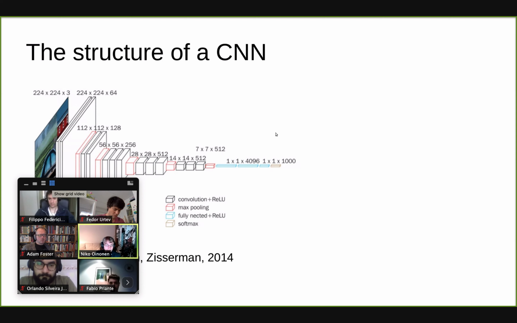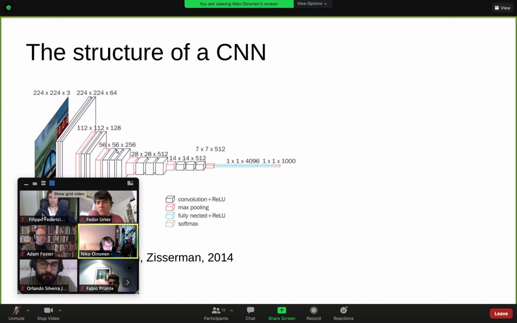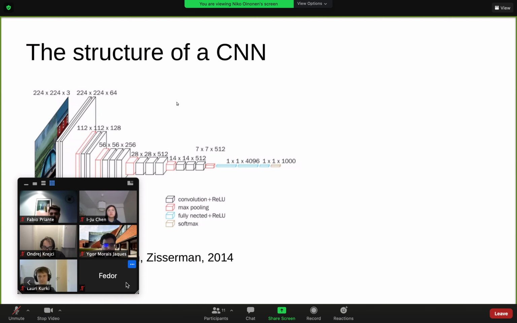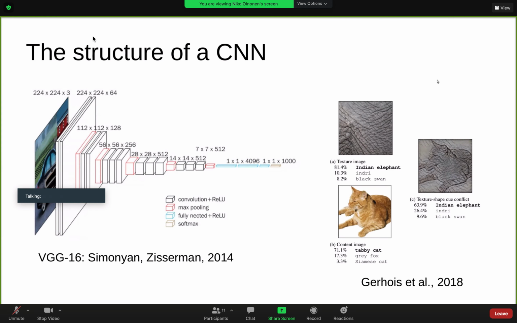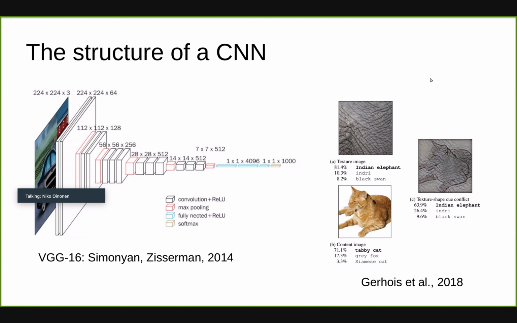In practice, it's very difficult to assign any kind of specific meaning to the individual parts of the network, and there have been cases shown where the network is actually looking at completely different things than what a human would while doing the same task.